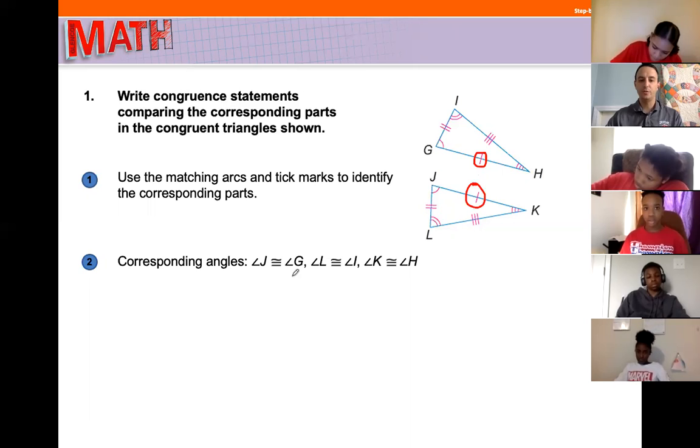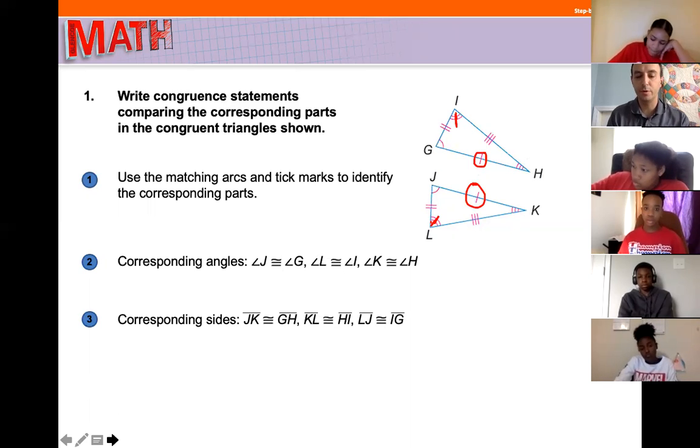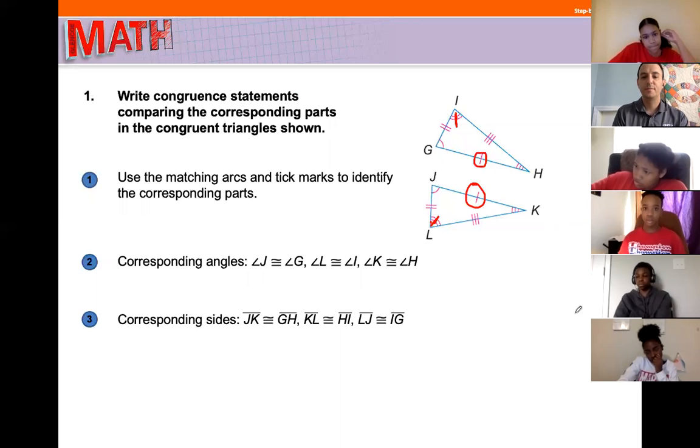You can see the angles are all corresponding. 2 hash marks says these two are congruent to each other: I and L. J and G because they have 1 line, and K and H because they have 3. And the same thing with the lines. I know this is probably a little bit of a review from Miss Houston's class last year and Miss Hill. Is that right? No. I don't remember. You don't remember? Well, then it's a good review, nevertheless. That these two sides are congruent to each other.